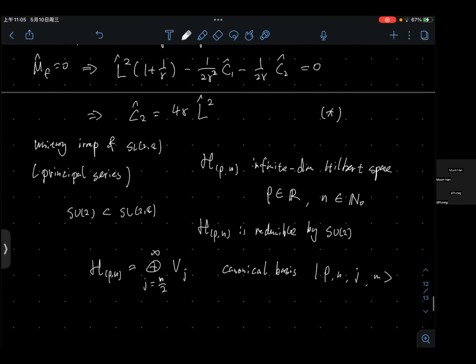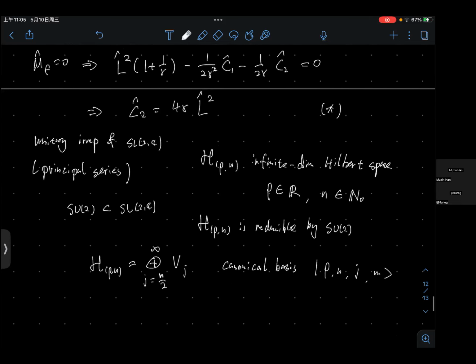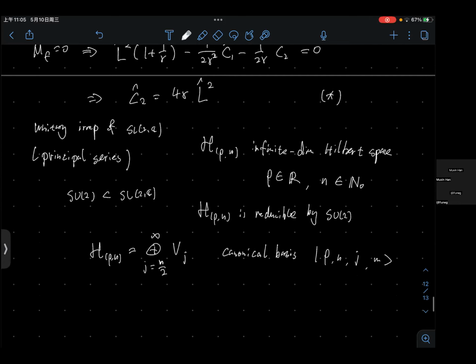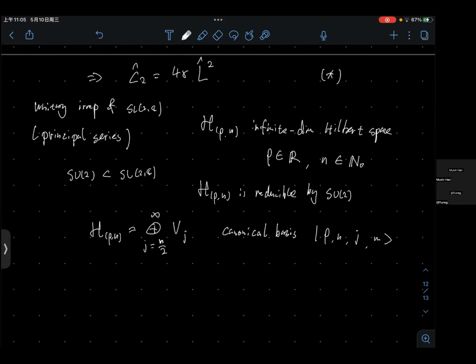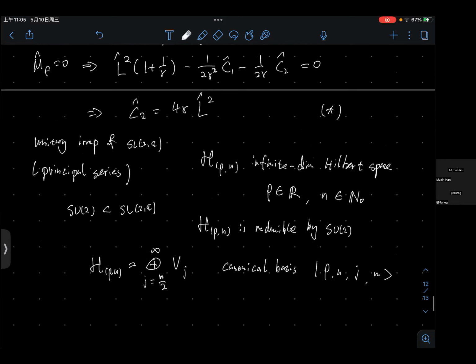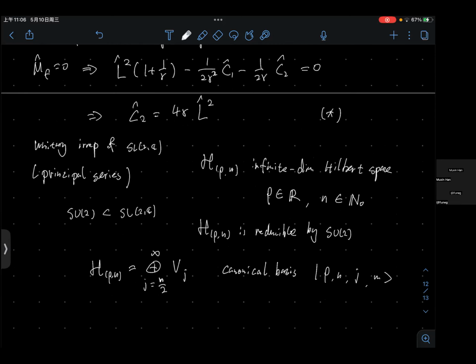This canonical basis is compatible with the decomposition of the SL2C irreducible representation with respect to SU2. Now, as I said earlier, the quadratic Casimirs are just constant multiples of the identity operator on irreducible representations.